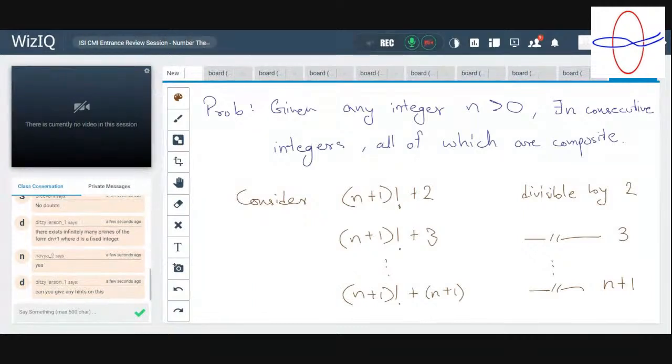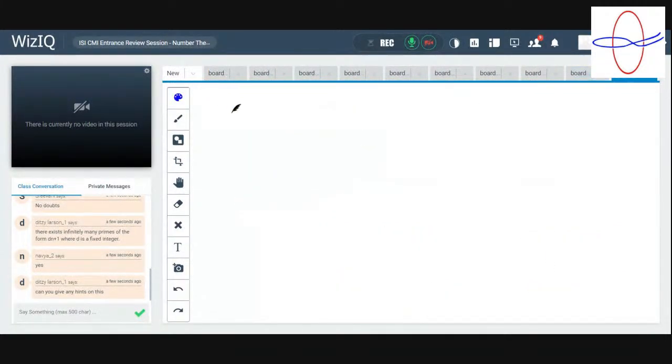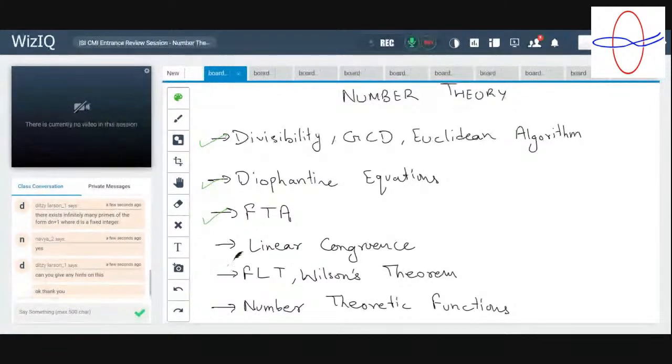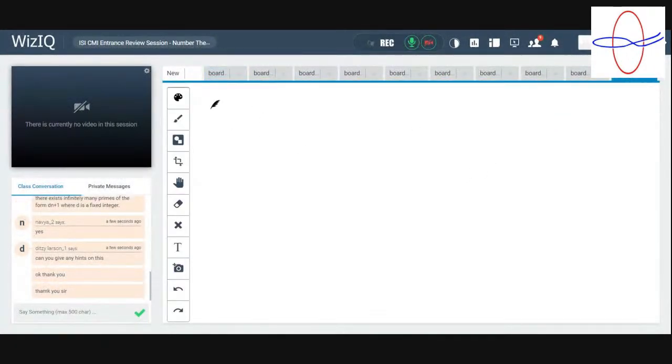So you can treat 1 as A and d as B, and then it immediately follows. But to prove Dirichlet's theorem, you need a lot of fancy machinery. Okay, let's not go there. Instead, let me put a tick mark here and move on to congruence.